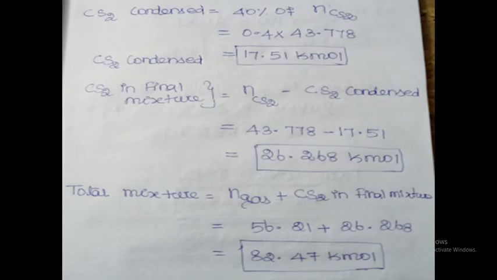So we will consider the number of moles of gas plus CS2 in the final mixture, that is equal to the number of moles of gas initially present, which is present in the final condition also, 56.21, plus CS2 in the final mixture, already calculated value 26.268. The summation of these two is equal to the total mixture, 82.47 kilomole. So this many kilomoles are present in the outlet condition. This is the total mixture.